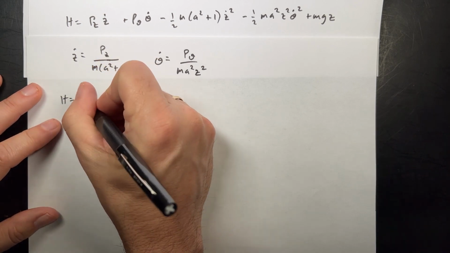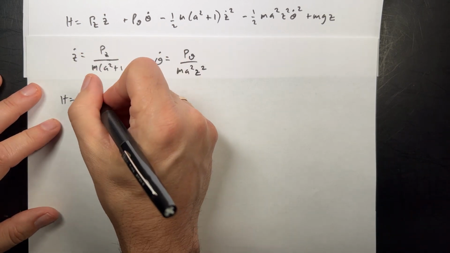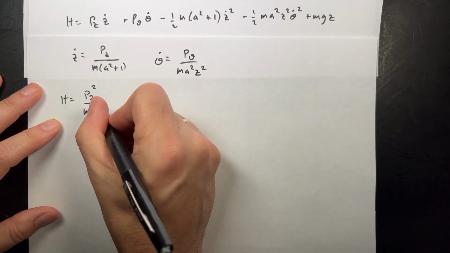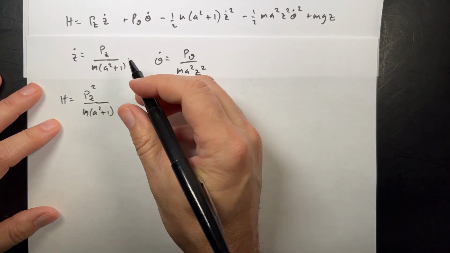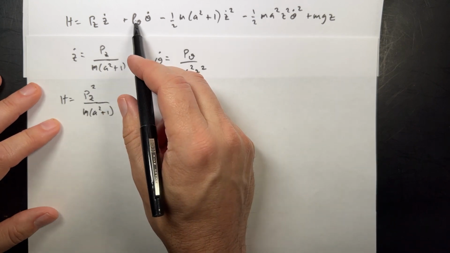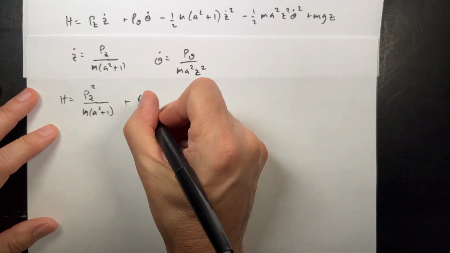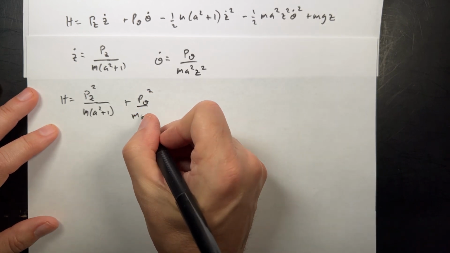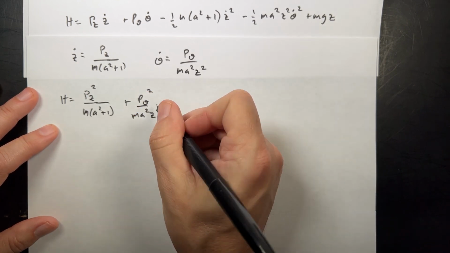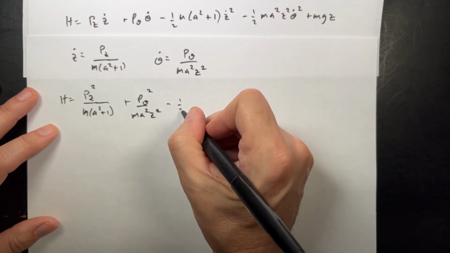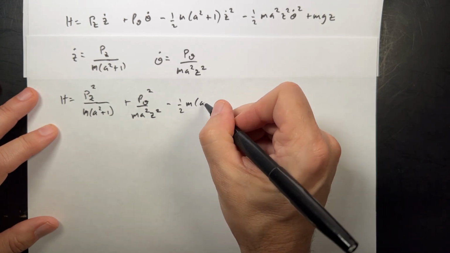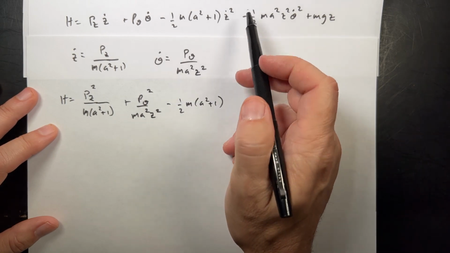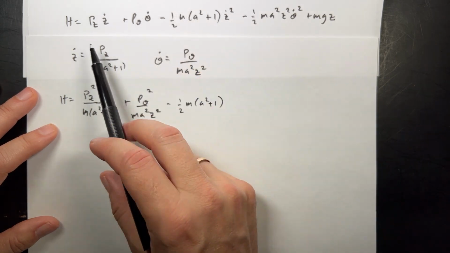H is pz times this, which is pz squared over m(a squared plus 1). And then this term is going to be plus p theta times this, which is p theta squared over m a squared z squared. And then I'm going to get minus 1/2 m(a squared plus 1) times z dot squared, which is equal to this squared.